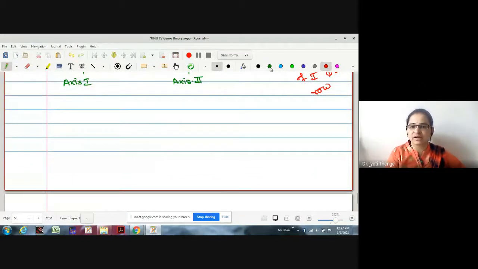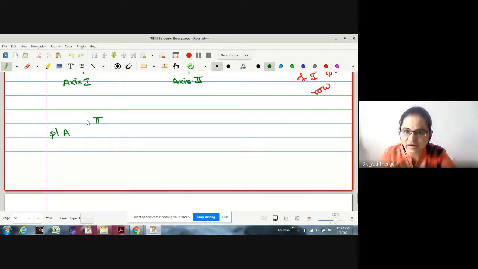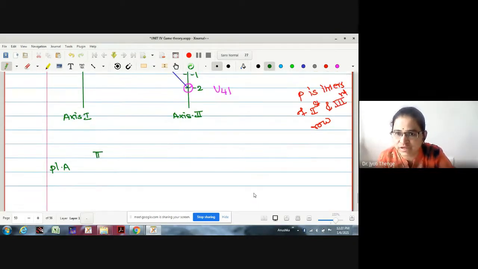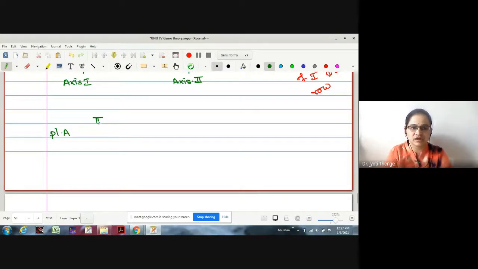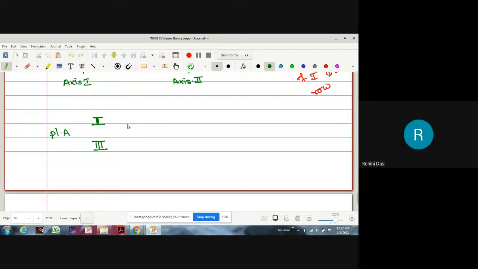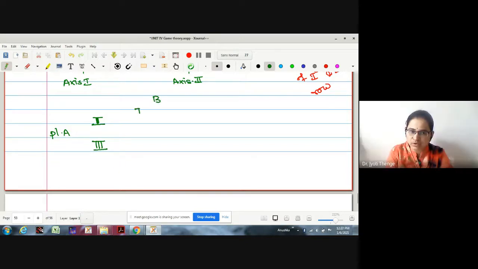Then what is my reduced matrix? You have to write only the second and third row. Second and third, or first and third? Sorry, first and third. Yes, Rohini, you are saying something?